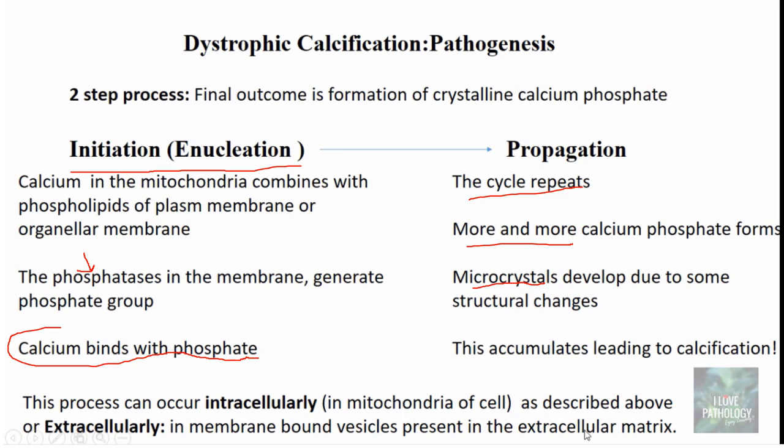This process occurs intracellularly in the mitochondria of the cell, or extracellularly where the calcium gets from outside into a vesicle, then is released in the cytoplasm, and the cycle happens again. Usually, intracellular occurs in dystrophic calcification, and extracellular occurs in metastatic calcification.